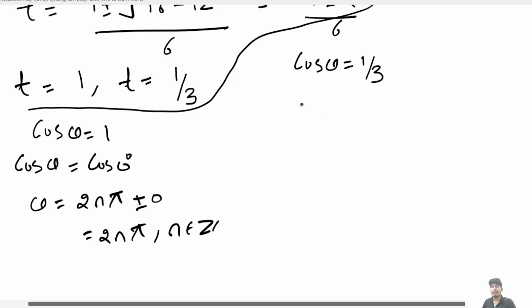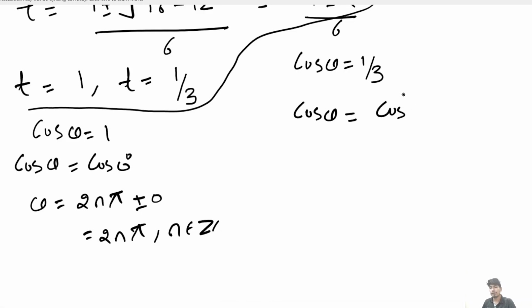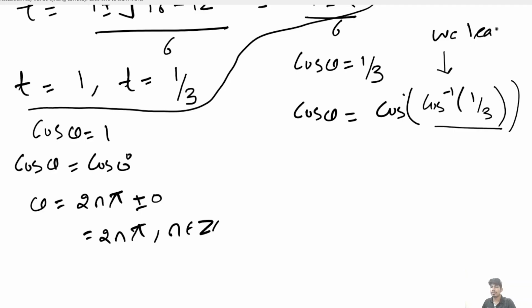And for cos theta equal to 1 upon 3, we can write cos inverse of 1 upon 3. This is an inverse trigonometric function. We will learn about inverse trigonometry in the next 2 or 3 videos.